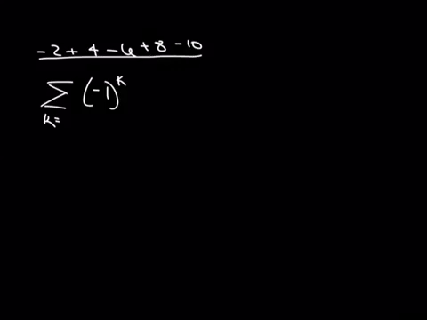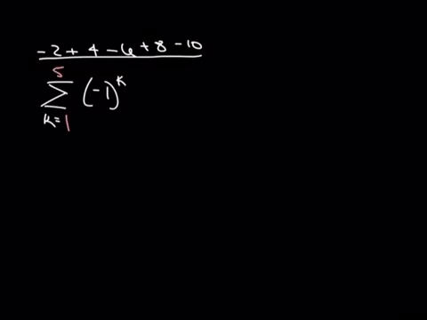So if this is a 0, that means that's 0, and -1 to the 0 power would be +1, because anything to the 0 power is +1, so I won't be able to get a negative there. So I know I can't start at 0. So I know I have to start at 1, because -1 to the first power gives me my negative. So that helps. And that also tells me that I'm going to end at 5 then.